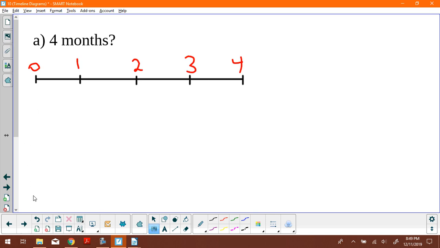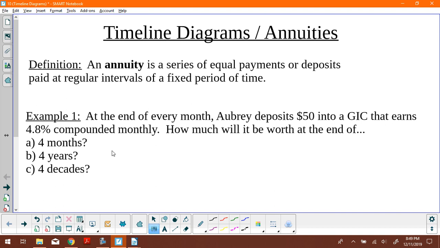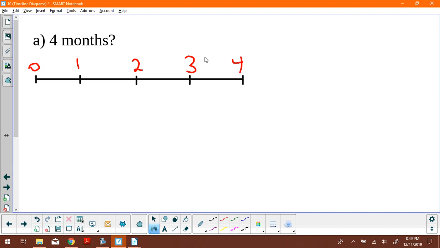It said we were making the payments at the end of the month, so I'm going to put down the next payment at the end of each of these months. So I have $50 at the end of month 1, $50 at the end of month 2, and so on. So there's my 4 payments.